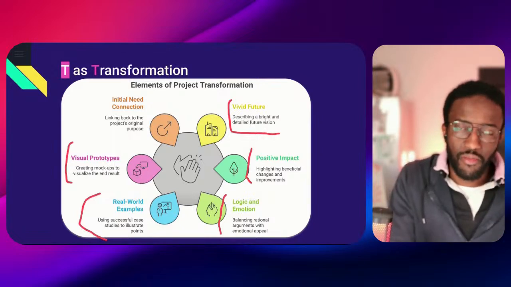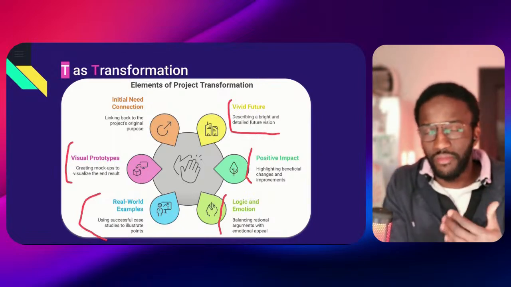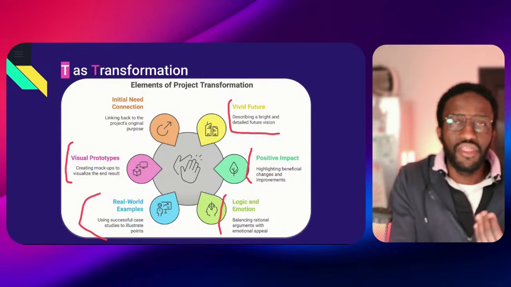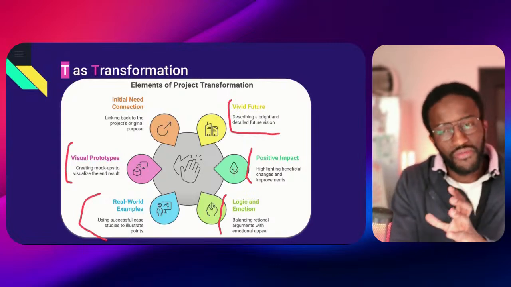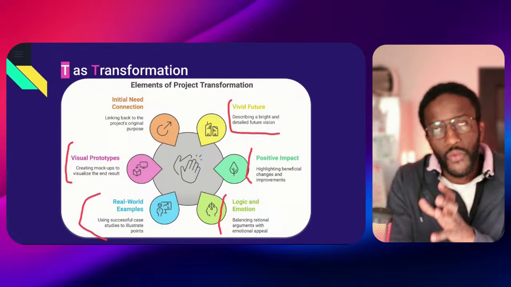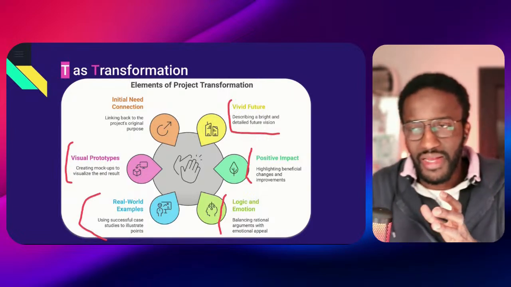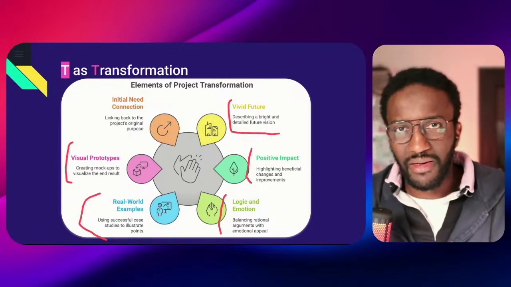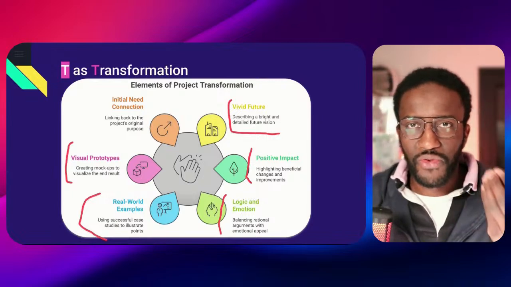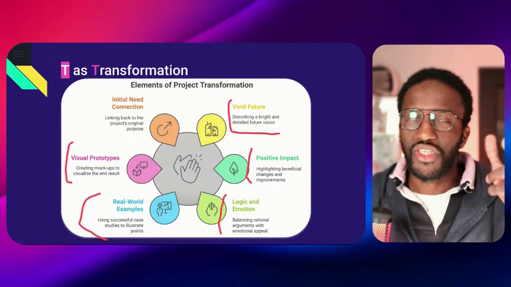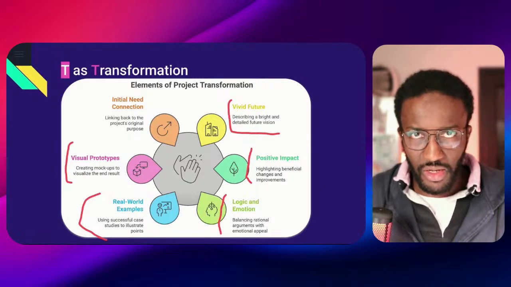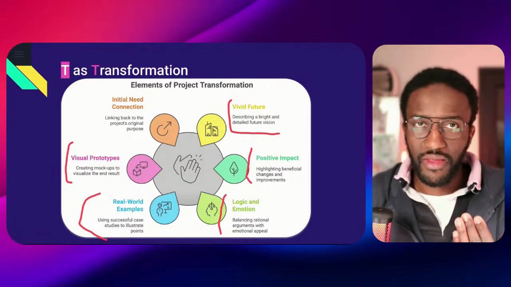So try to build some mockups. I talked before about building some MVP, minimum viable products. All of that is a way of painting a vivid picture of the future so that people can project themselves into the future in storytelling. That is called future pacing.